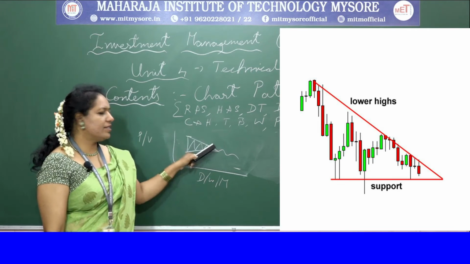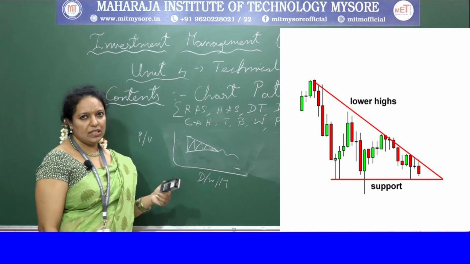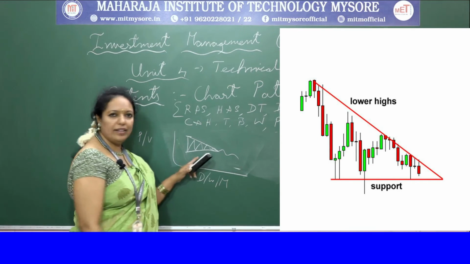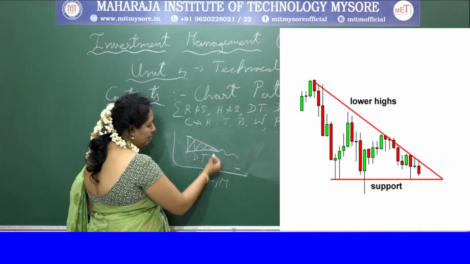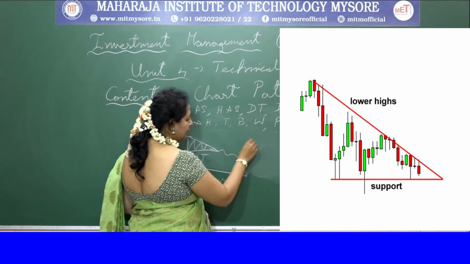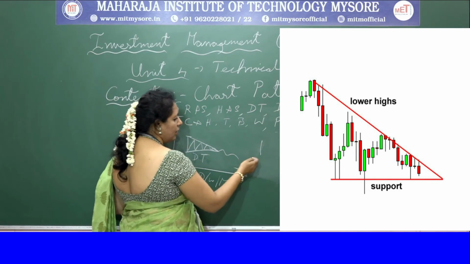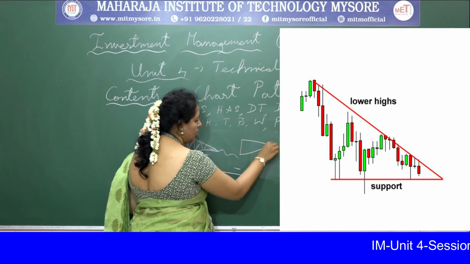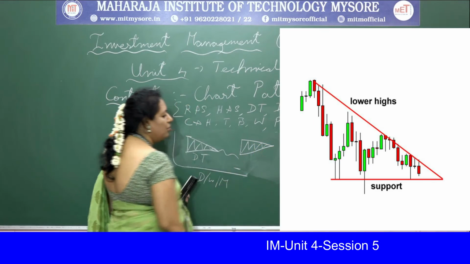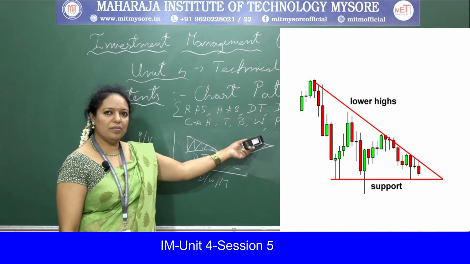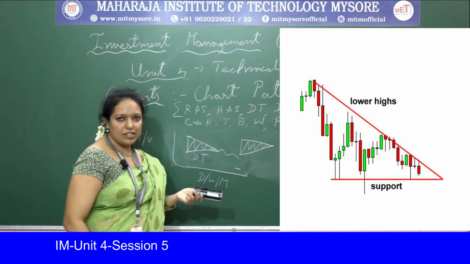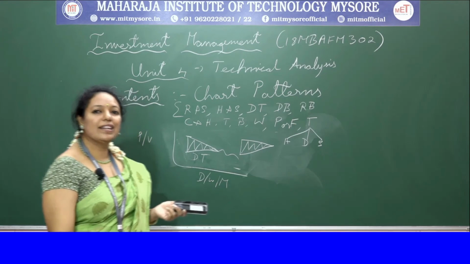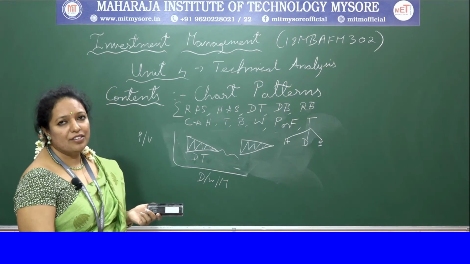Okay, and the resistance level is sloping downwards. If that is the case, you can identify the difference between ascending and descending, where this is the descending triangle. Ascending triangle would be, I'll just draw it. So ascending triangle would be like this. The tops will be common and the bottom, that is the support level, will rise to the peak. Okay, so that is ascending and descending triangle.